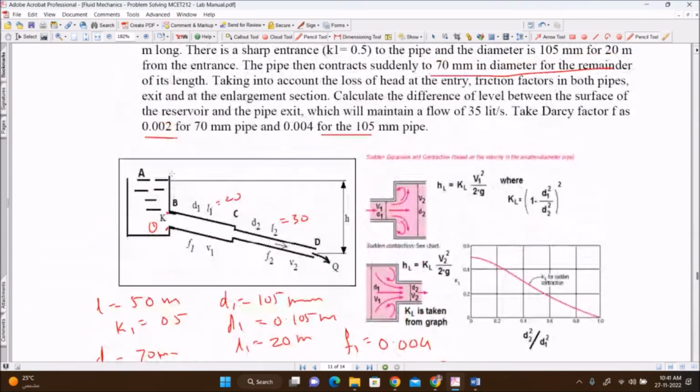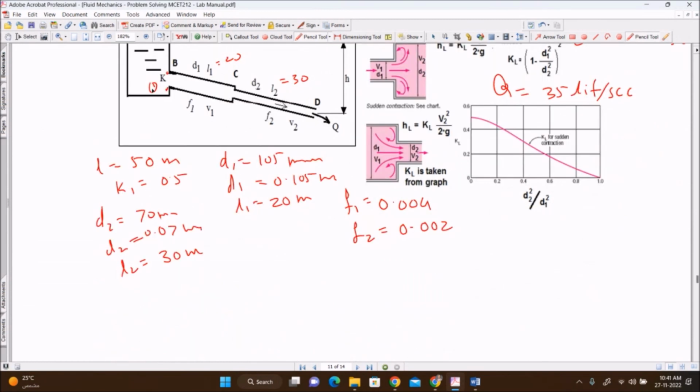Then the discharge is given, Q is equal to 35 liter per second, which is 35 into 10 to the power minus 3 meter cube per second. Take the Darcy friction factor. It is asked to calculate H. There is a head loss at entrance due to the sharp edge.